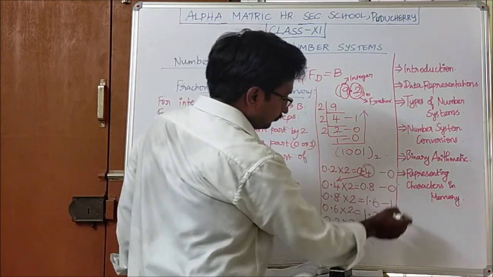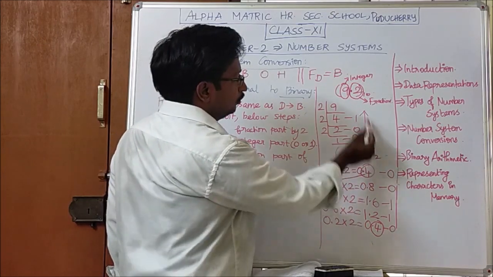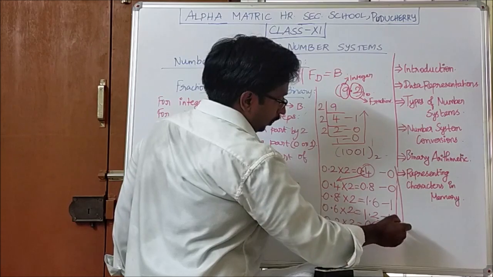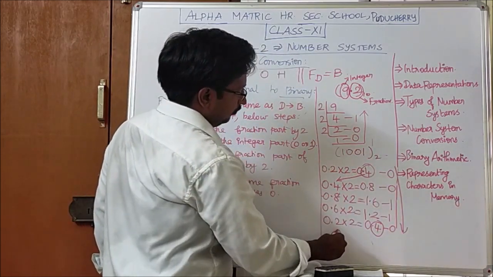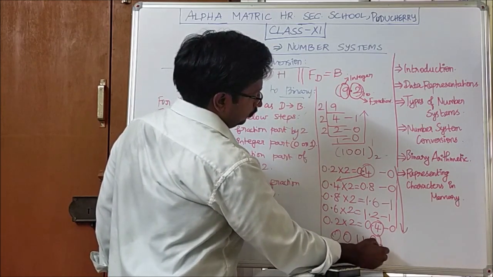So first let us write the answer. In the integer part you write from bottom to top, whereas in the fractional part you write from top to bottom. So that is 0 0 1 1 0.